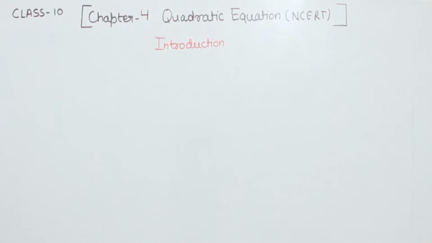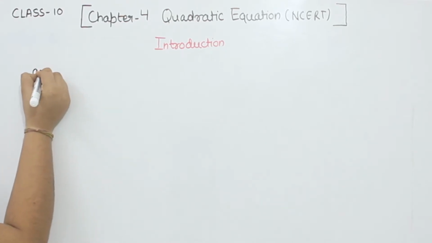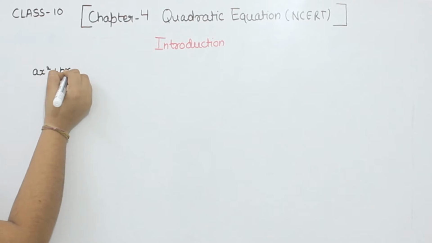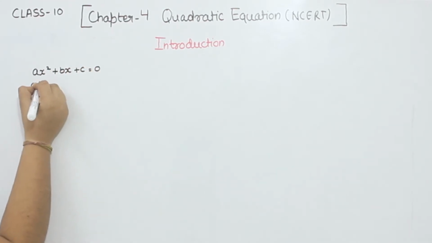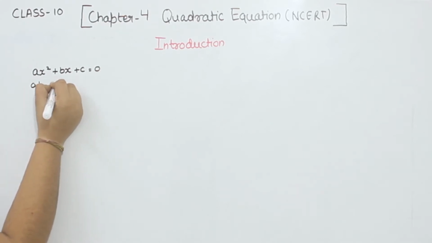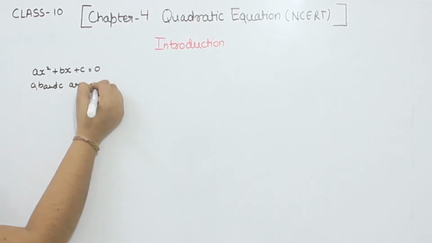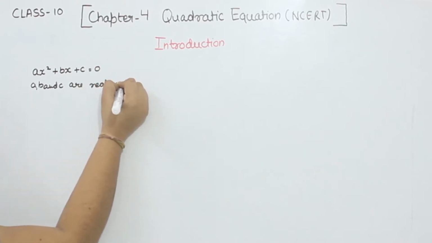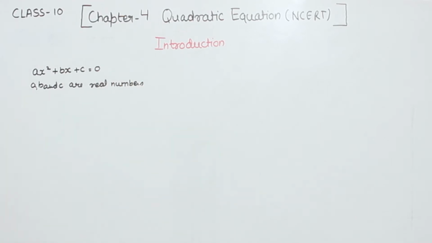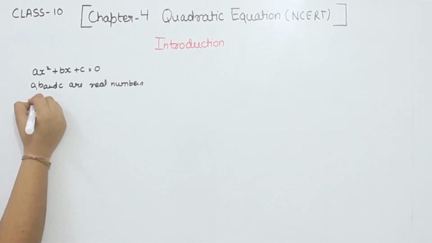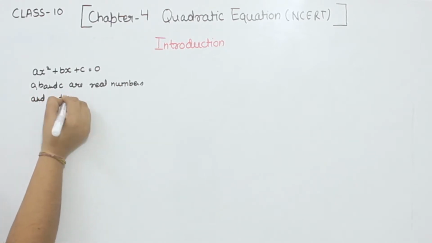So first of all, we are going to understand the term quadratic equation. A quadratic equation is an equation in the form ax square plus bx plus c equal to 0, where a, b and c are real numbers and a is not equal to 0.